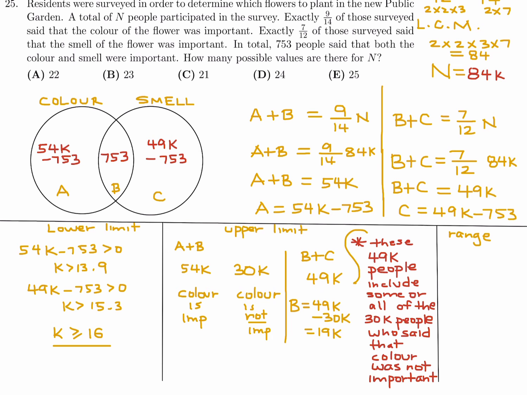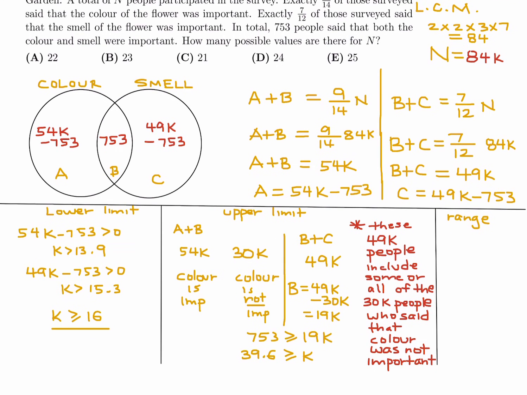And considering this statement, we can conclude that since B is 753, that 753 must be greater than or equal to 19k. And if you do the math here, k becomes less than or equal to approximately 39.6. So in terms of integers, that means that k has got to be less than or equal to 39.